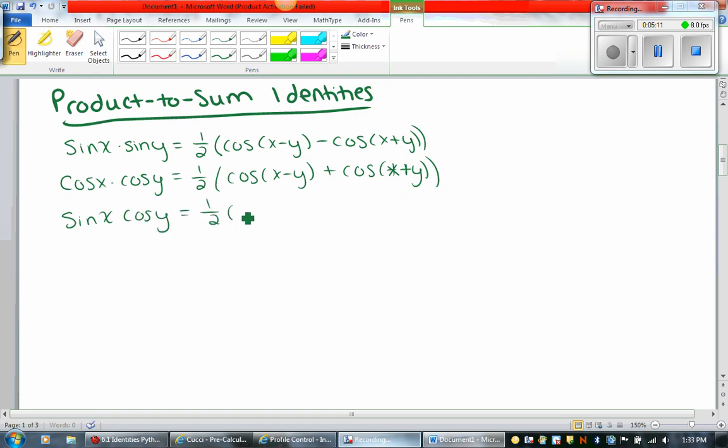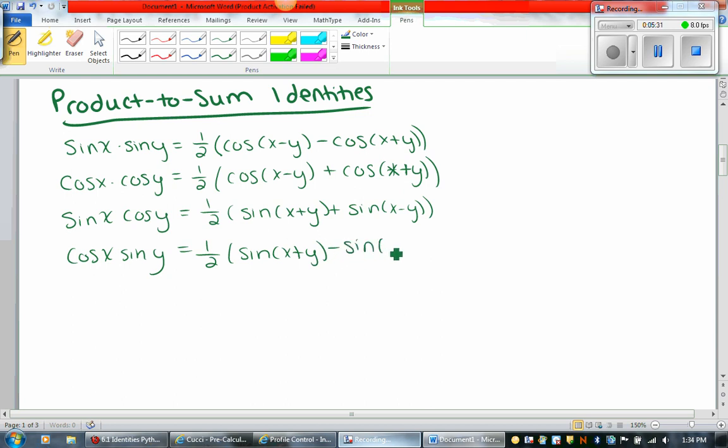That's going to be equal to 1/2 sine x plus y plus sine x minus y. And our last one, cosine x sine y, equals 1/2 sine x plus y minus sine x minus y.